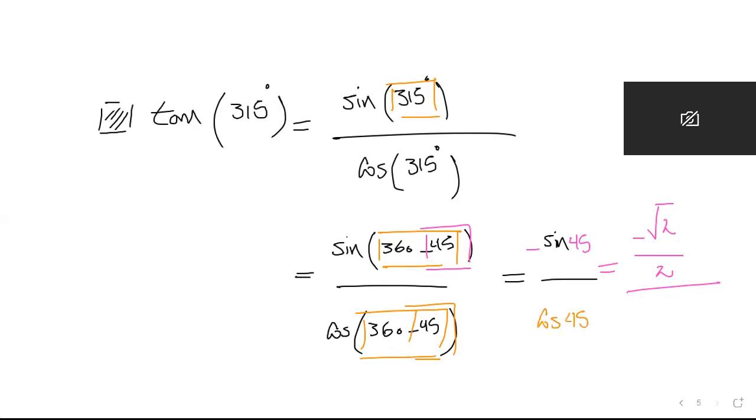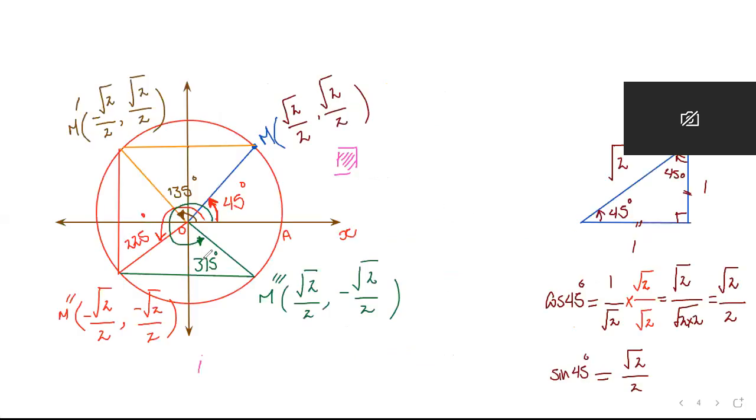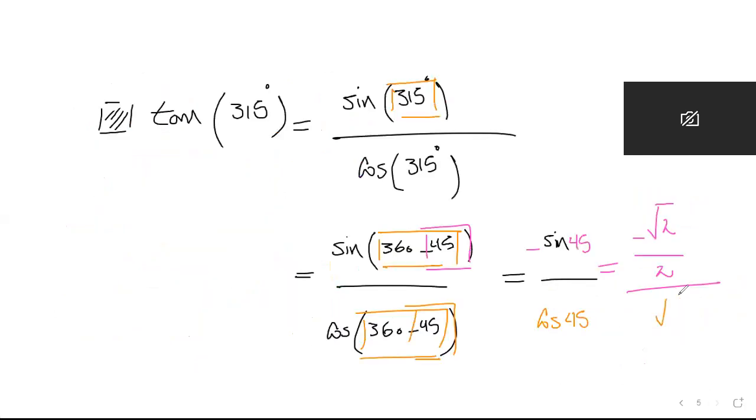That's right, because 315 and 45 are connected. 360 degrees minus alpha, they give you the same value of the x. You see this? Then at the end, the square root of 2 over 2 divided by square root of 2 over 2 becomes -1. Let me stop the share.